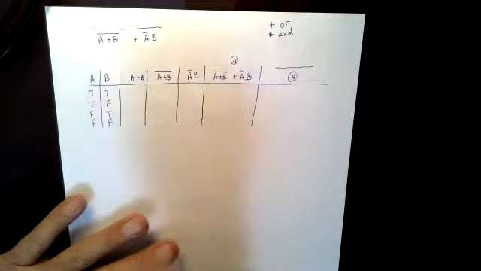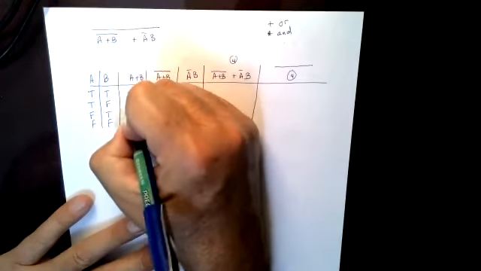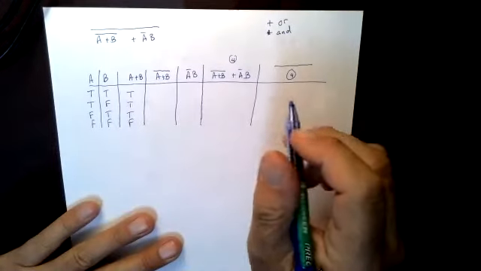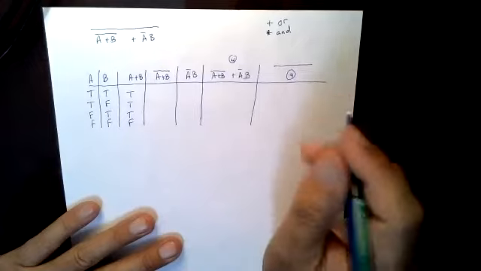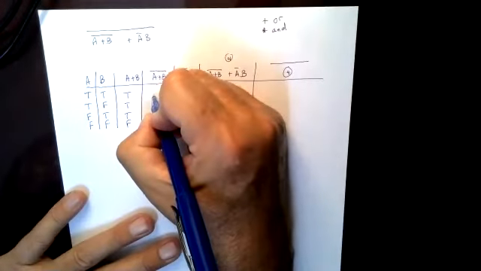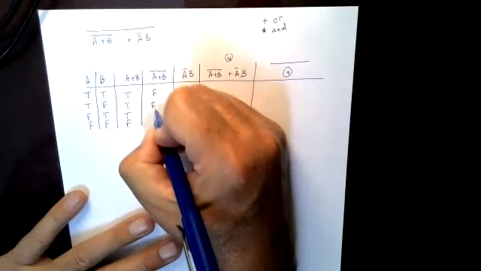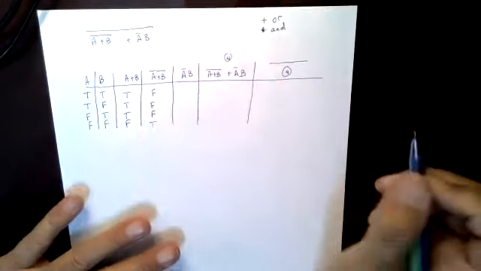I know you're all taking your own notes, but hopefully you got true, true, true, and false. Anybody agree to that? Just say yes. Yeah. Okay. If I not that column that I just worked on, I get false, false, false, true.